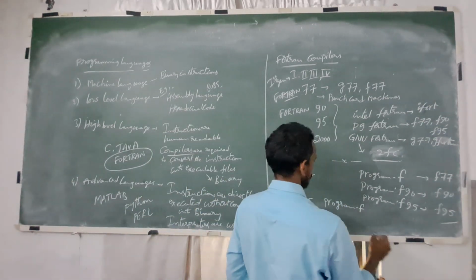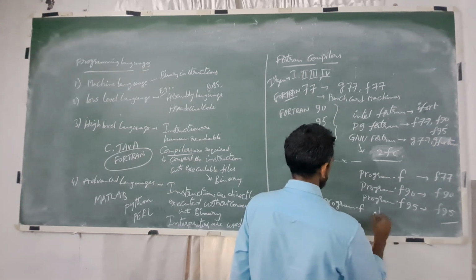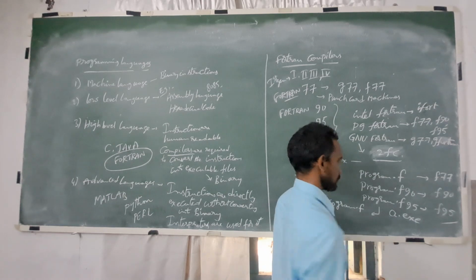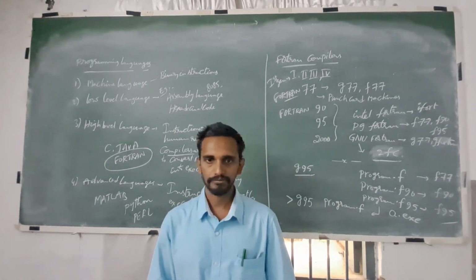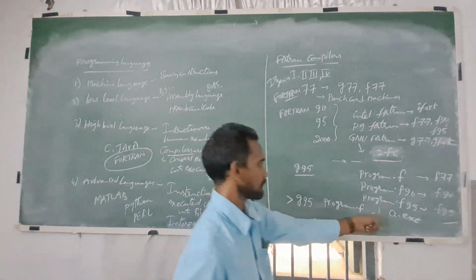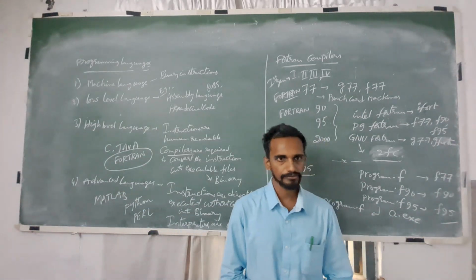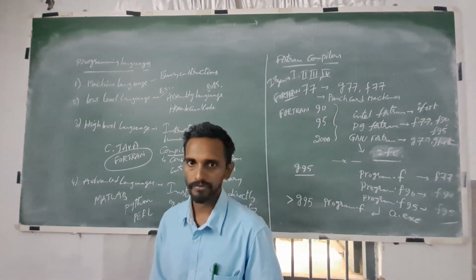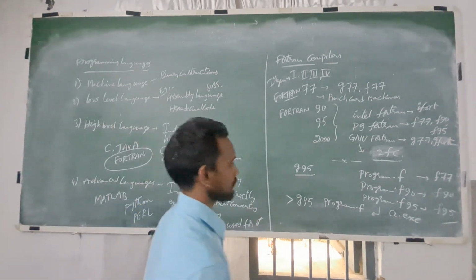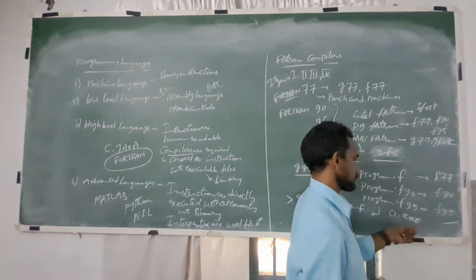When you compile it, what you will get is a.exe, an executable file. When you run that, your program will be executed. This is the default name given to the executable files.